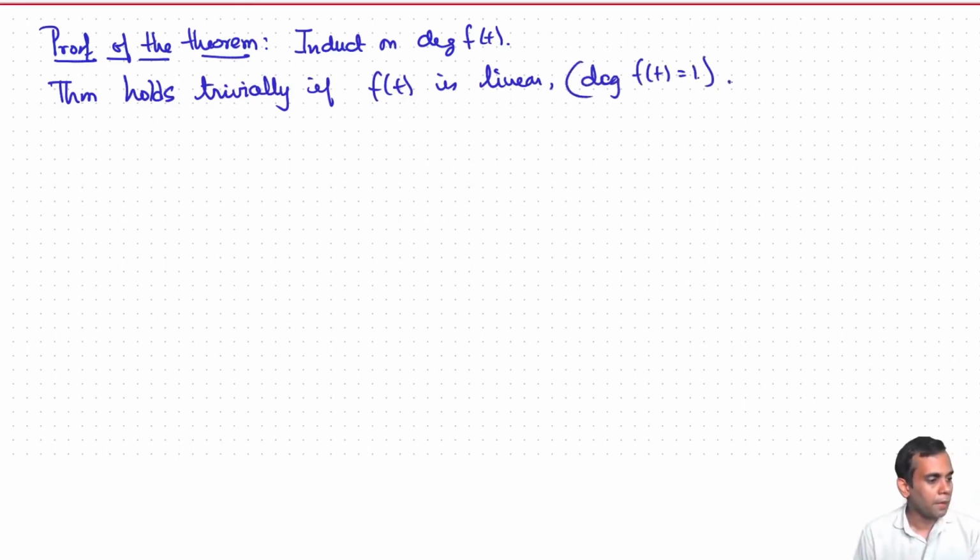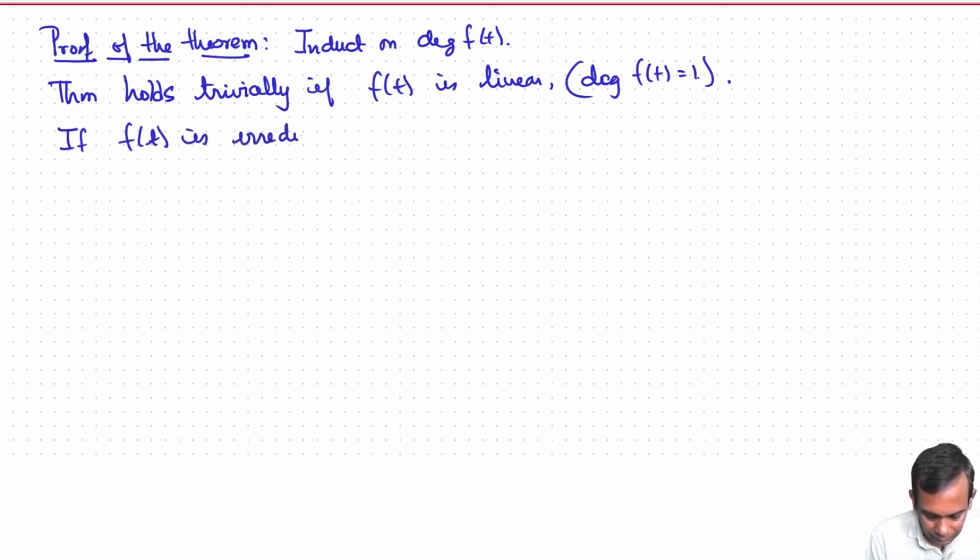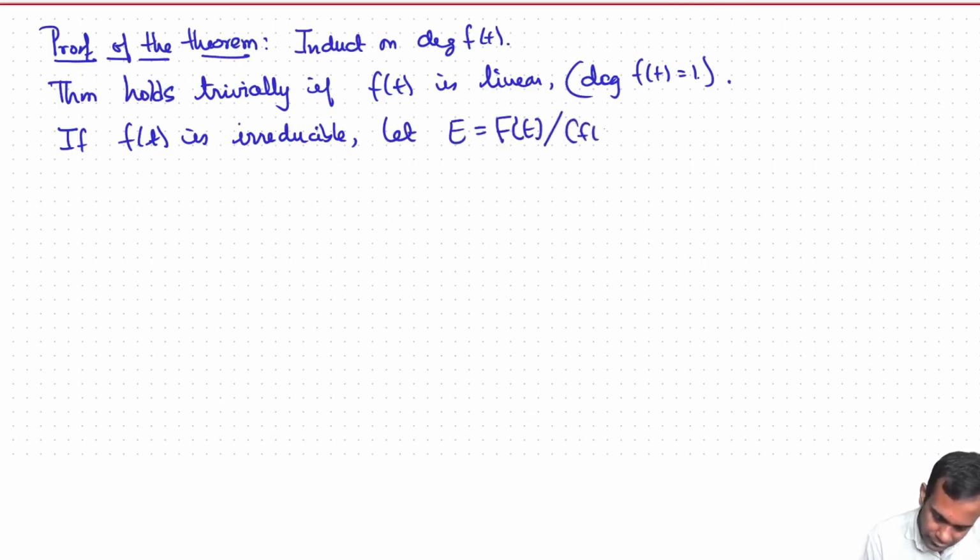Okay, now if f(t) is irreducible, then as a first approximation, let's take E to be F[t] mod the ideal generated by little f(t). And this is a field. It's an extension of F.